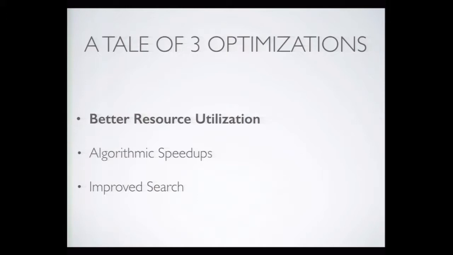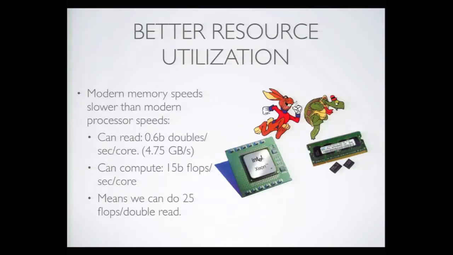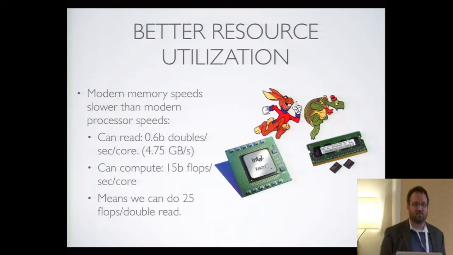So first is this idea of better resource utilization through batching. So the key idea here is that, at least in today's computers, processors are significantly faster than memory. And what I mean by that is that we can saturate the memory bus with something like 5 gigs a second per core.